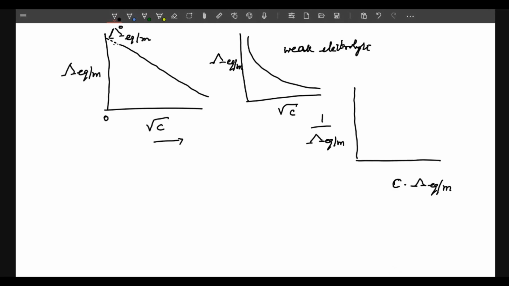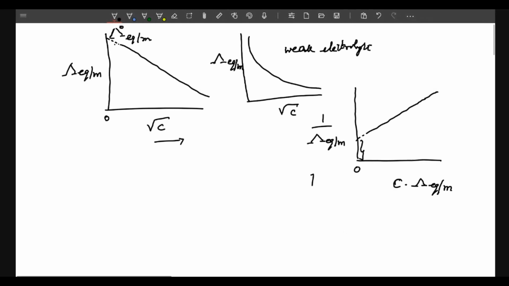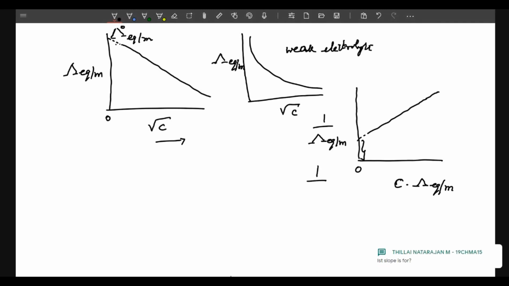You will get a straight line, but here it has a positive slope. If you extrapolate it to zero concentration, you will get 1 by lambda naught, the limiting conductance for the equivalent and molarity.